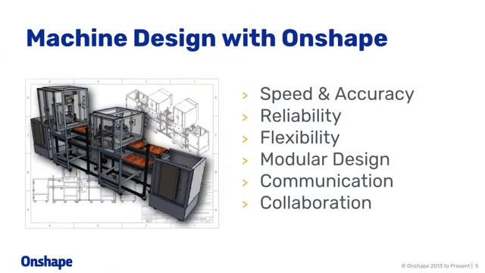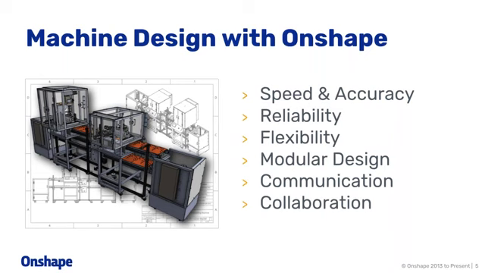So when we talk about machine design, the ebook covers 6 particular areas, and these are challenges that machine designers face. So there's the speed and accuracy of the machine, so that's cycle times and accuracy of packaging and so on. The reliability of the machine, so how much downtime it might have.